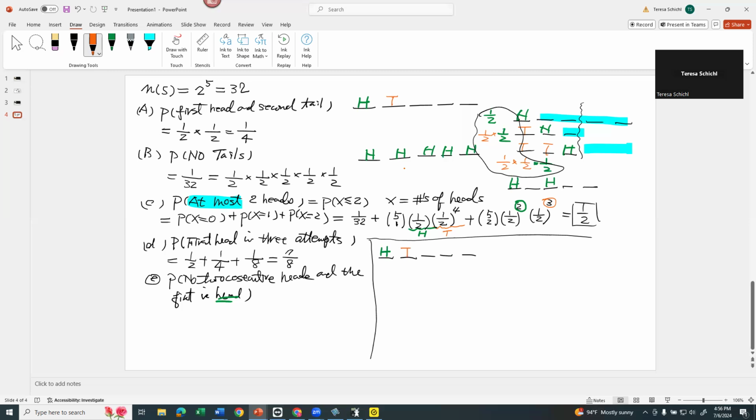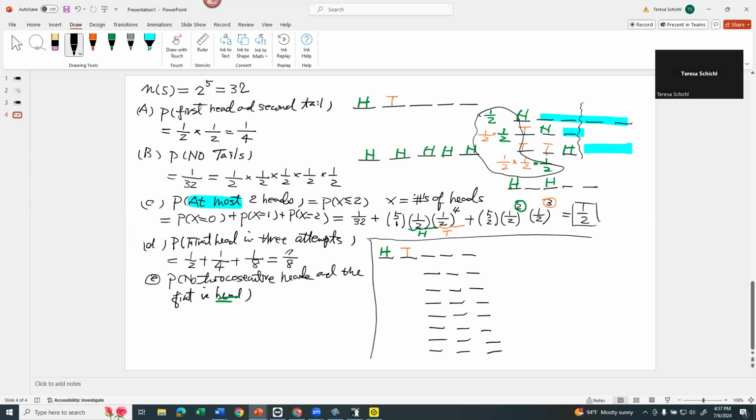So no consecutive heads here. So what can I have here? Because I have three positions, I'm going to have how many possibilities? 1, 2, 3. So I'm going to have 8 possible situations. One, two, three, four, 5, 6, 7, 8, right?